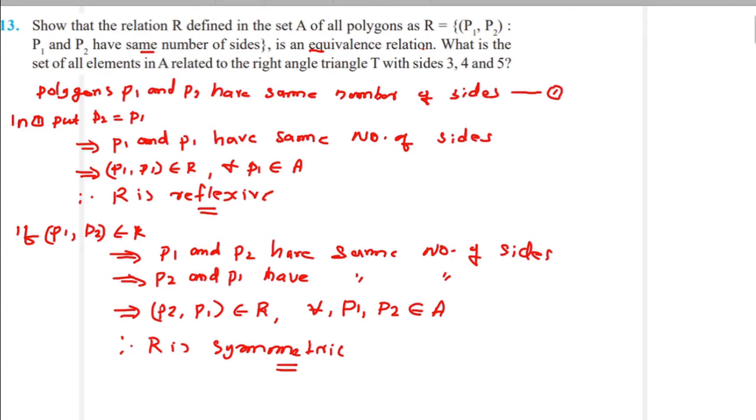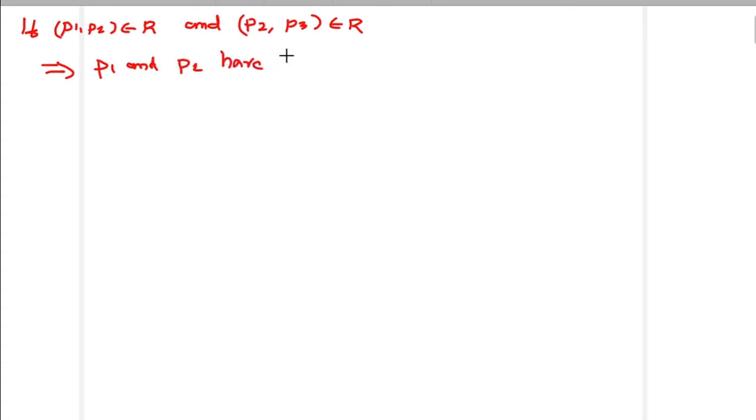Next we have to show transitive. For that, if (P1, P2) belongs to R and (P2, P3) belongs to R, then (P1, P2) belongs to R means the polygons P1 and P2 have the same number of sides, and (P2, P3) belongs to R means P2 and P3 also have the same number of sides.